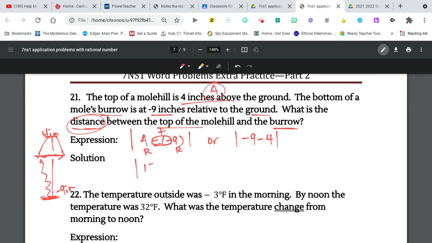That gives me the absolute value of 13, which is still just 13. They're actually 13 inches apart. On this side, I would end up with the absolute value of -13 because they both go to the left. I add, but they're negative. But absolute value can't be negative because absolute value represents distance, and distance is never negative, guys.